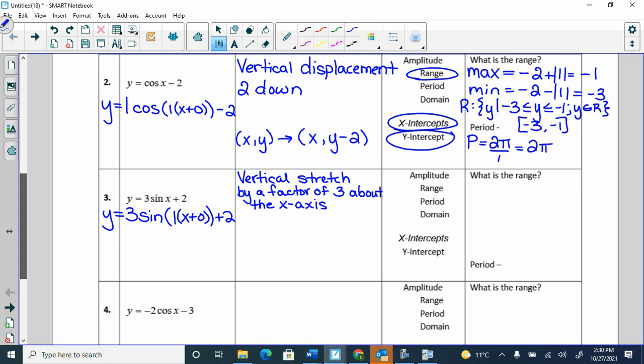Is there a horizontal stretch? No, my B is a 1. Is there reflections? No, my A and my B are positive. Is there a horizontal phase shift, which is the C value? You haven't learned that yet. Nope, it's still 0. What's the only thing that's still here? D value. So it's a vertical displacement, 2 units what?